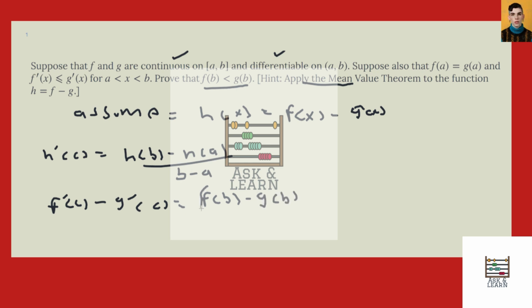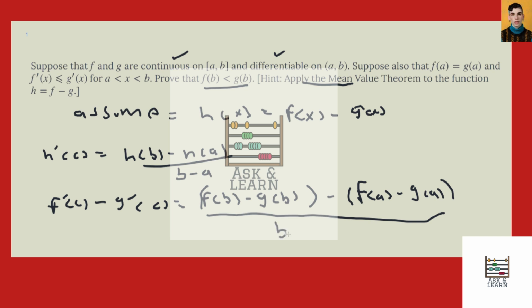And this is one group. And then minus, we can do the same thing with f of a minus g of a. And just remember, these are just substitutions we're doing. These are all coming from the initial assumption we made earlier.